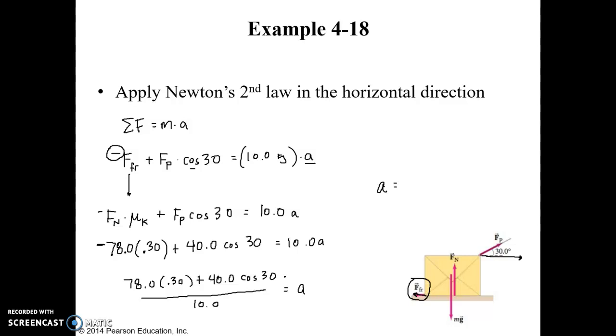Friction force is going to the left. So that's a negative 78 times 0.3. The friction force is going to the left. The pulling force is going to the right, and that will equal mass times acceleration. So I need to make sure I include the negative sign there, and now let's try calculating that again. Okay, that's much better.